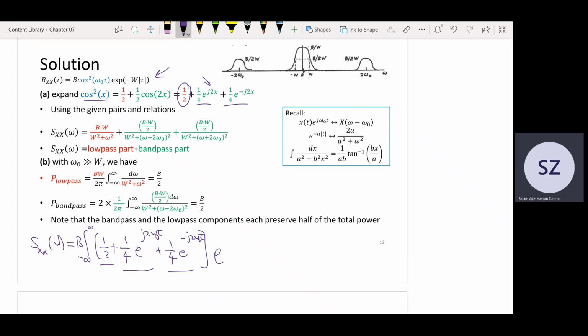So we have exponential of minus W tau, and then e to the minus j omega tau d tau. So we have a low frequency component, at baseband, and we have a positive frequency component at 2 omega 0, and we have one at minus 2 omega 0. Now, if you write this, you will get this.